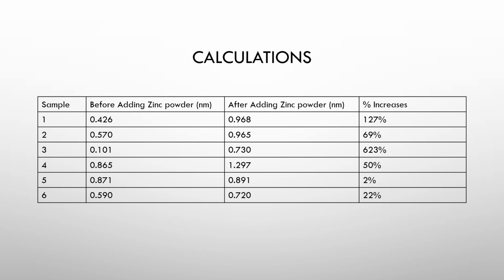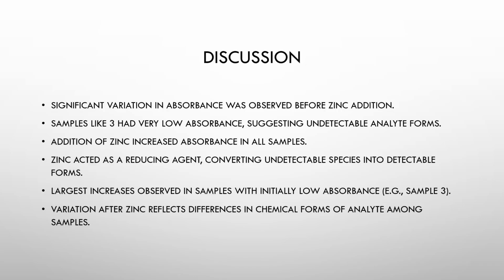If we take the absorbance after zinc as the most accurate measurement of total analyte content, the relative concentration can be expressed proportionally. Sample 4 has the highest analyte content, followed by samples 1 and 2. Samples 3 and 6 have the lowest, but sample 3 would have been greatly underestimated without zinc reduction.